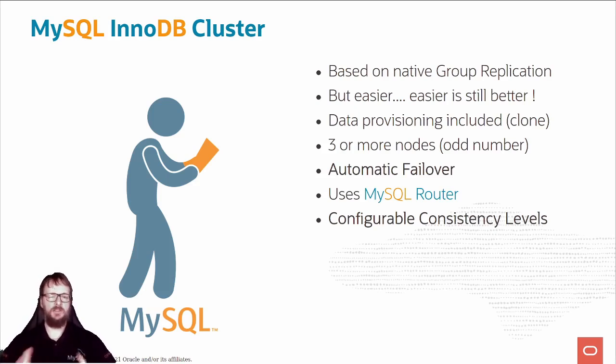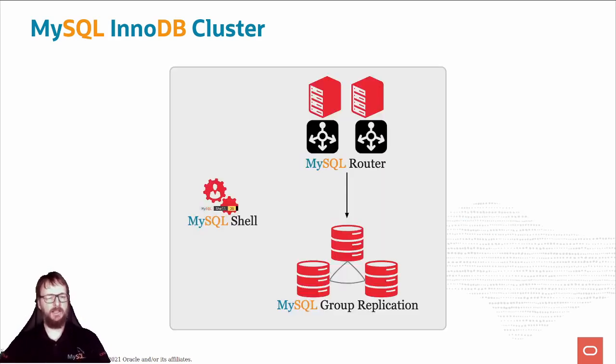It has automatic failover, like I said earlier. We again use Router, and we have consistency levels that are configurable for the session or globally to avoid stale reads if that is an issue for you. There are a lot of possibilities in consistency levels. I will be glad to answer questions on that later.